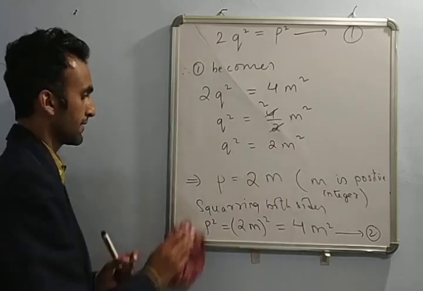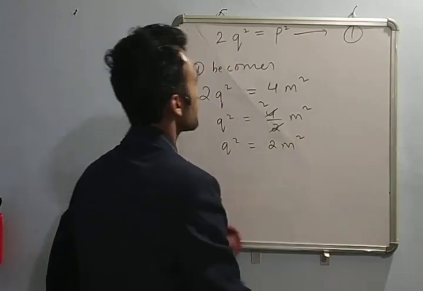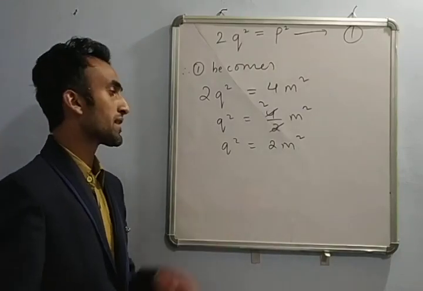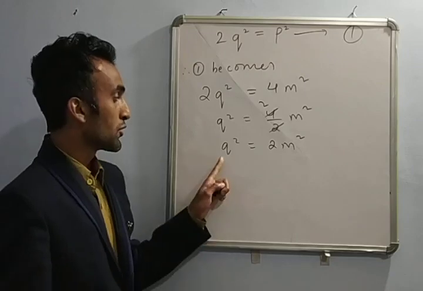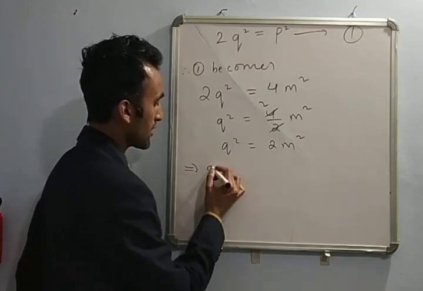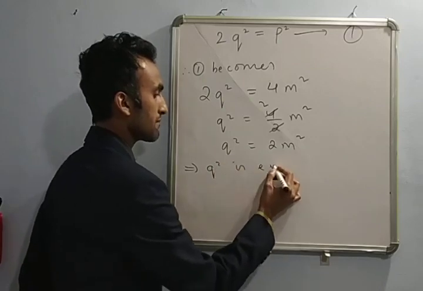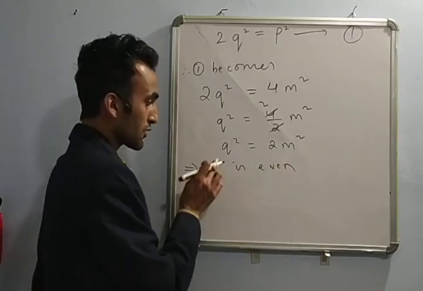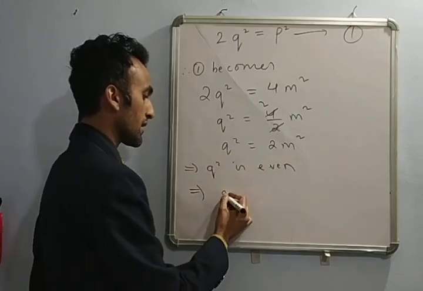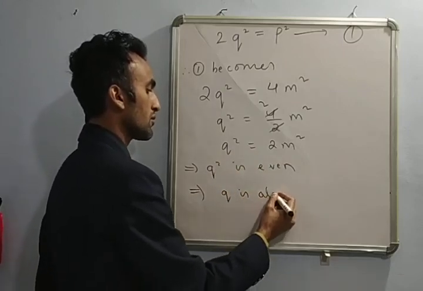Correct or not? Tell me, q square, is it even or what? Q square is also a multiple of 2 now. Q square equals 2 into something, so q square is even, which implies q is also even.